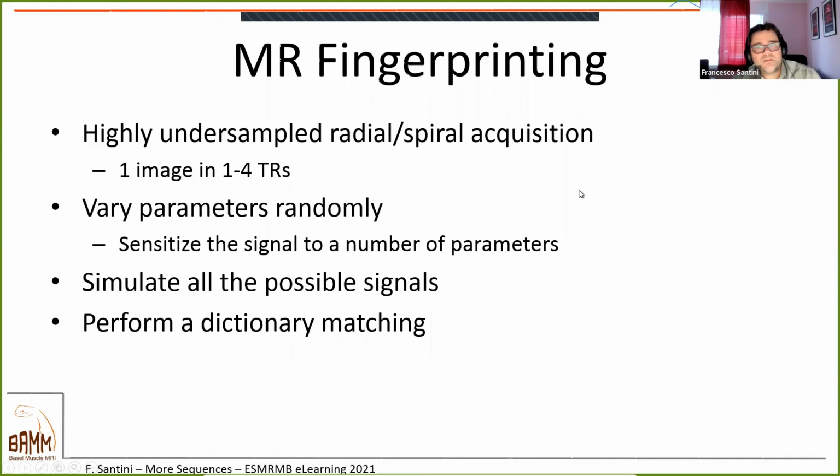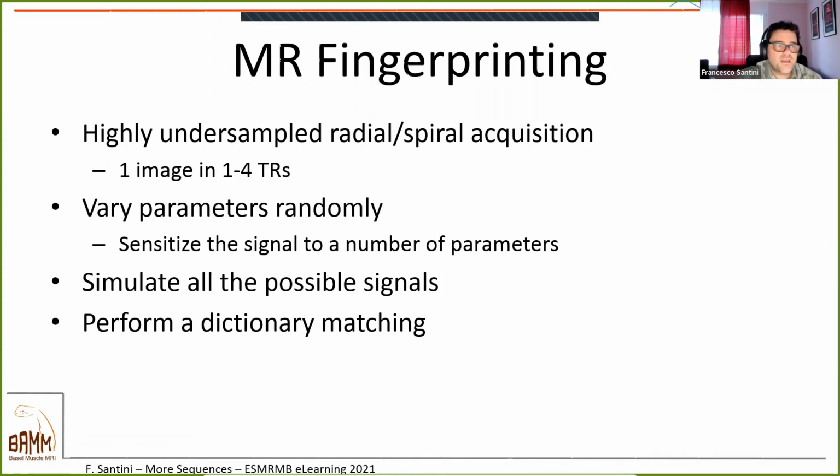This concept has been brought to the extreme in MR fingerprinting. This is the very last topic that I will talk to you about. In quantitative imaging, you were acquiring images by varying one single parameter.